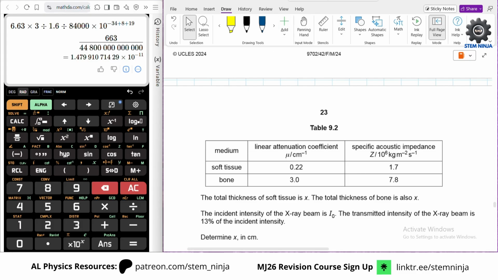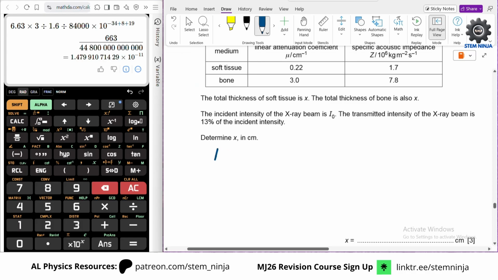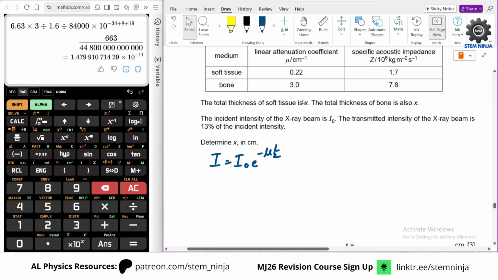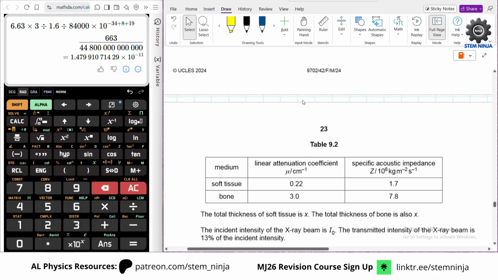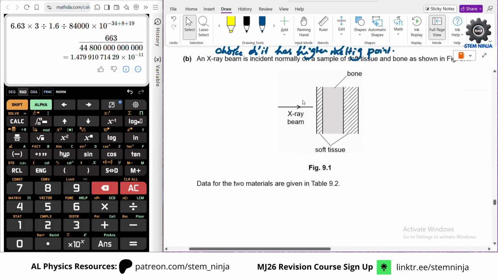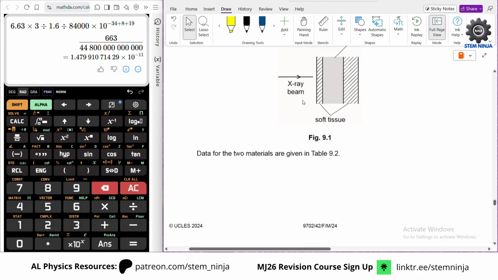in centimeter. So it's also an exponential decay equation. So I equals I naught e raised to the power minus mu t. Sorry, not t, this is thickness. The thickness, not time. Basically, we have two things, soft tissue and bone.